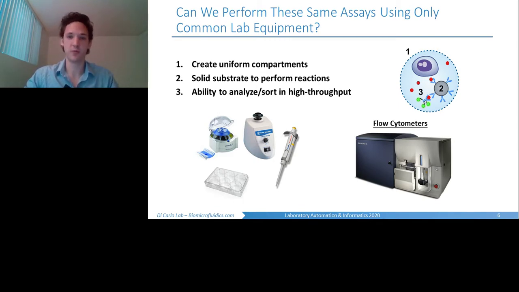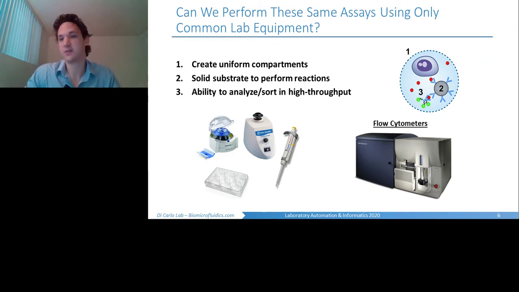We need uniform compartments because if we're trying to differentiate, say, different cells that are producing different amounts of proteins, we need to make sure that the reaction volume is very similar in order to properly differentiate their production rates.